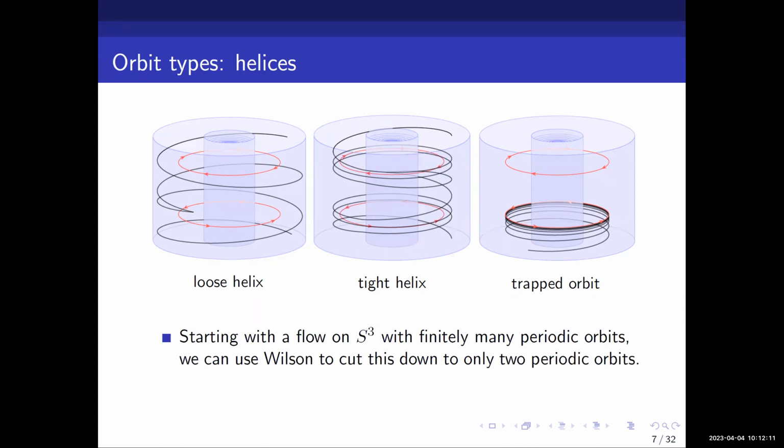And if you start with a flow on S3 that has finitely many periodic orbits, you can homotope those periodic orbits so that they enter the Wilson plug at the critical radius, and then they spin up to that trapped orbit, and in backwards time, they're going to spin down to this guy.